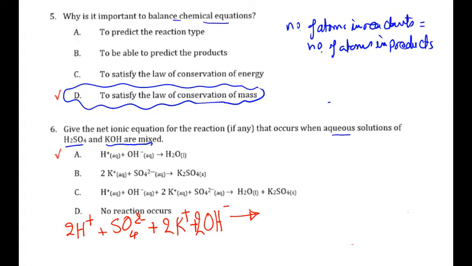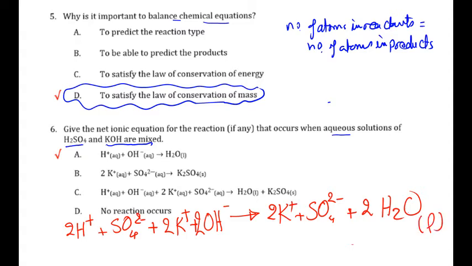This is going to give K2SO4, which is 2K plus SO4, and water, which is H2O. Only water is not forming ions. Everything else is making ions because all of them are aqueous solutions. If all of them are aqueous solutions, they should form ions.